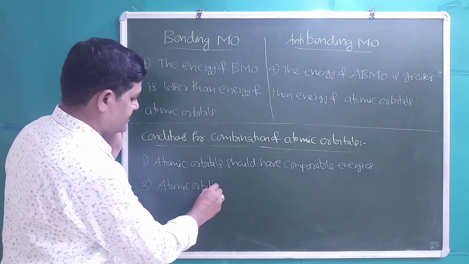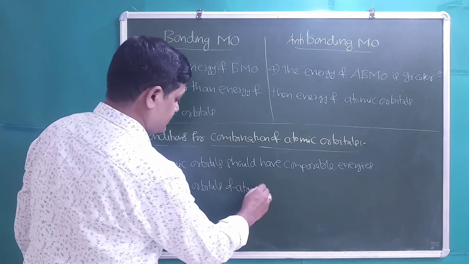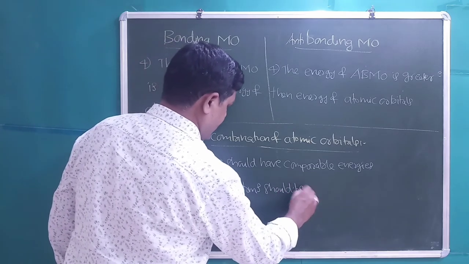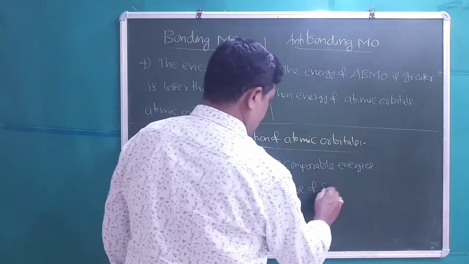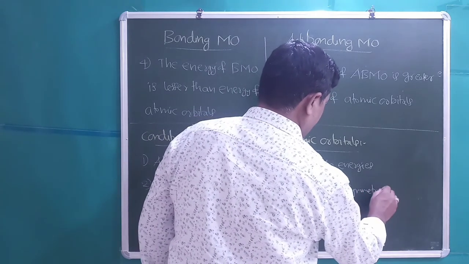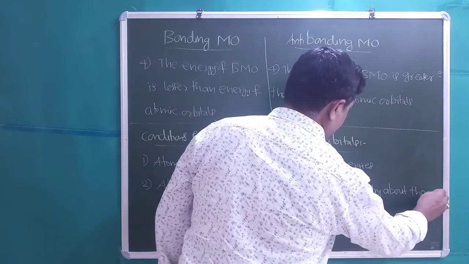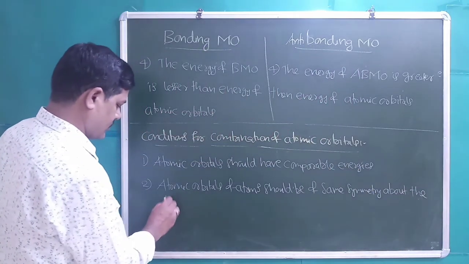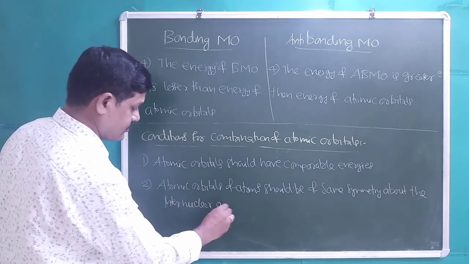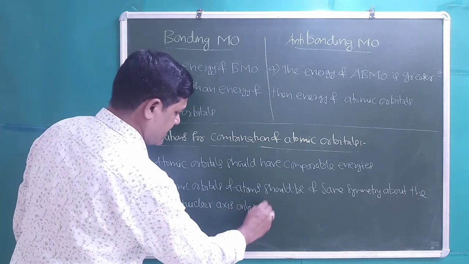Atomic orbitals of atoms should be of the same symmetry about the internuclear axis only will combine.